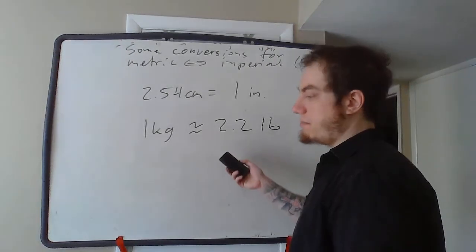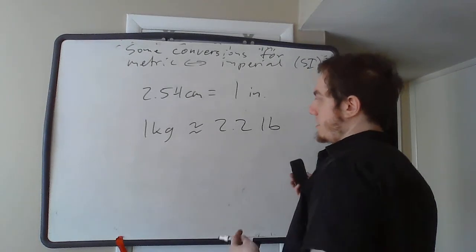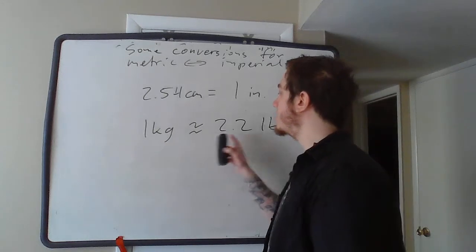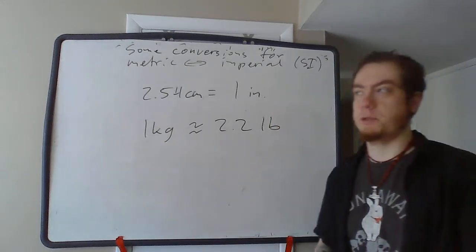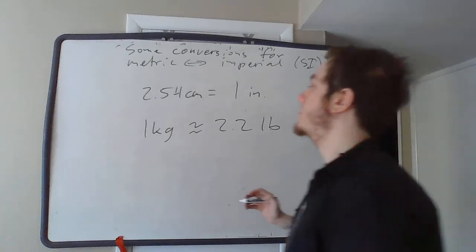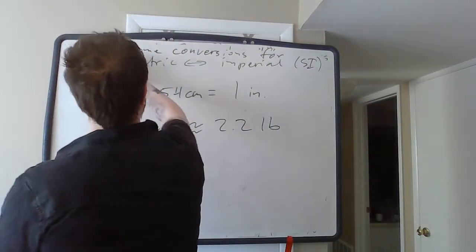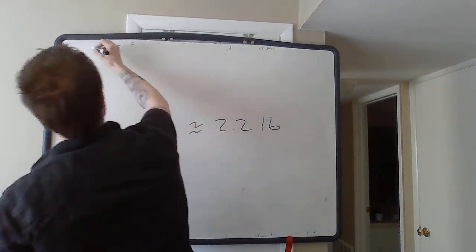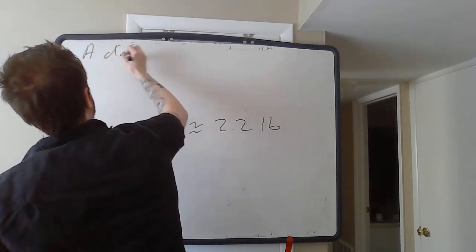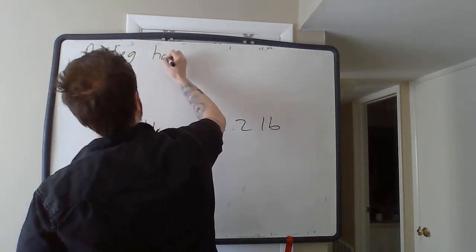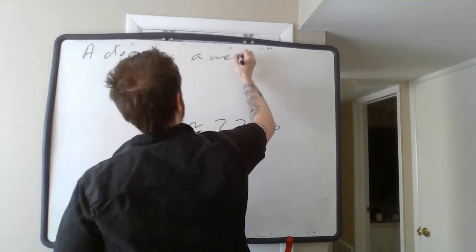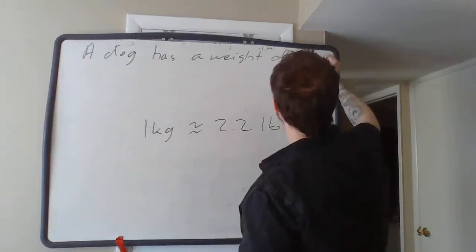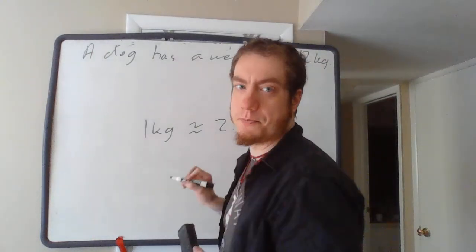So this is another important conversion that we can use. And let's take a look at actually using this conversion in a specific case. So let's suppose that we have a dog, and let's say that the dog has a weight of 12 kilograms.